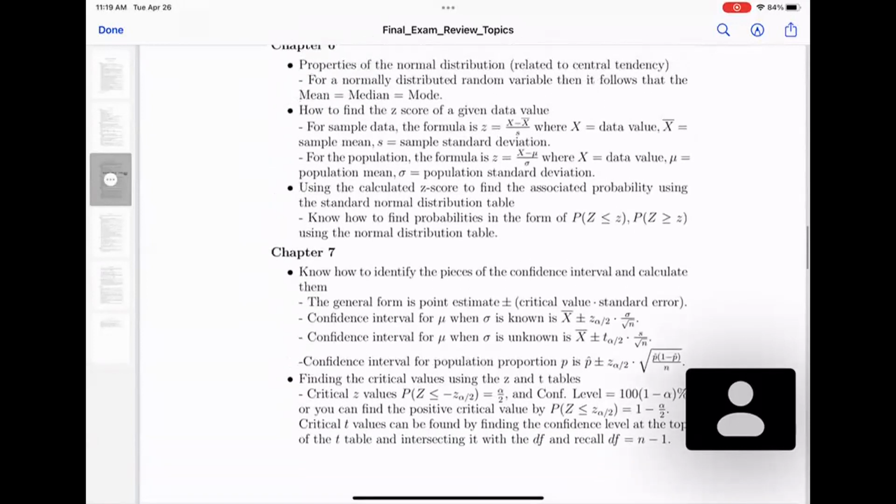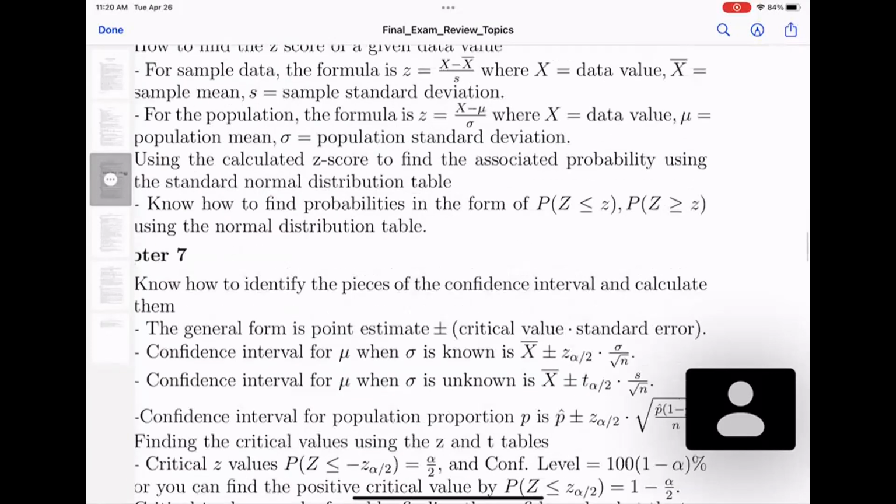So for instance, you should be able to find the probability of z being less than or equal to some little z-score. All you would do in the table is look at the corresponding little z value and look at the area to the left of it. If I wanted the probability to the right of it, what would I do? Take 1 minus the area to the left of it.